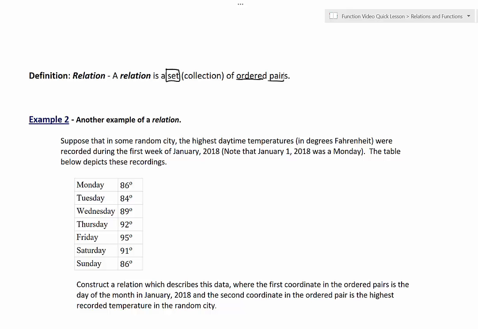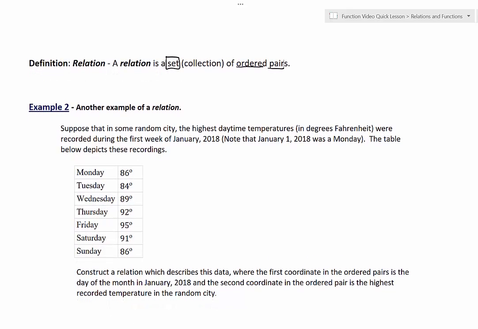So as we can see, it's pretty hot in January. I don't know where these folks live, but not my favorite temperature for January, I have to say that.